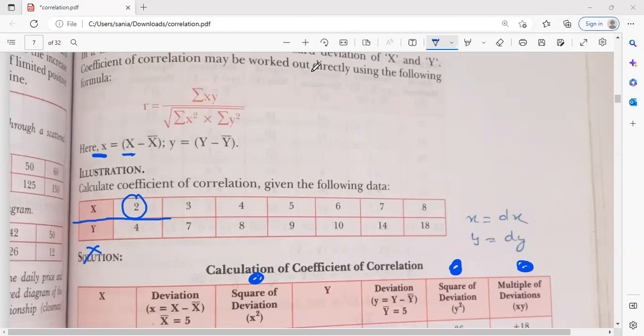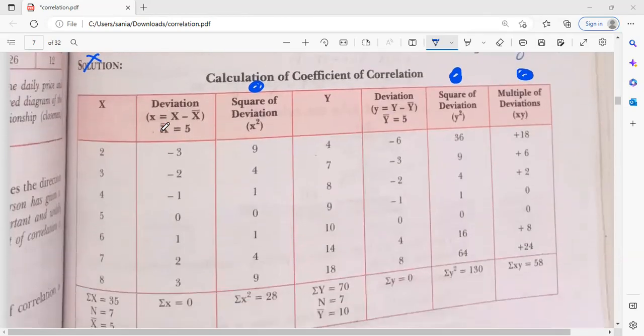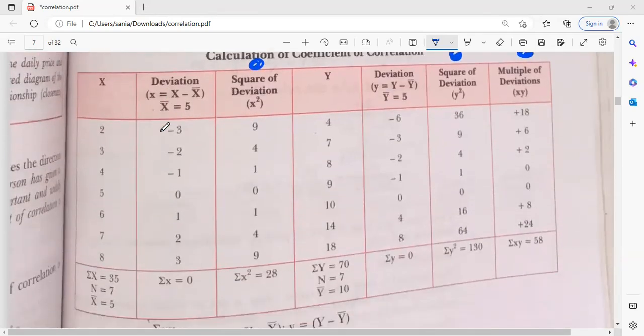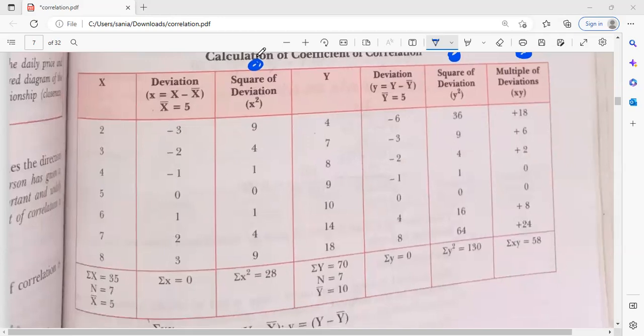Ma'am, I'm getting the values of x square and y square different from the textbook solution. Let's check. Ma'am, I found the square of the big X values. No, no, no, no. You have to square the small x.